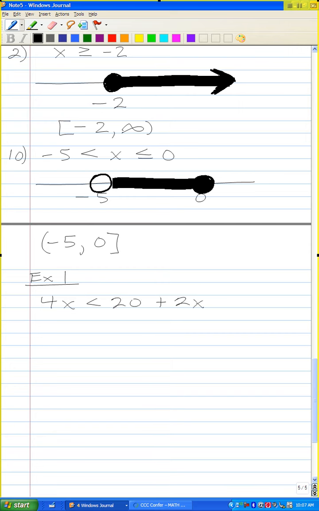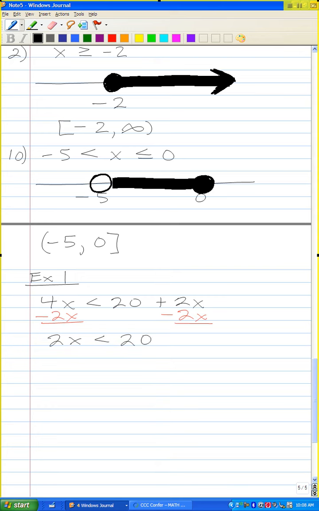Suppose I wish to solve this inequality. So the first thing I can do is just treat it as if it were an equality. So let me subtract 2x from both sides of my inequality in order to isolate x on one side of my inequality. 4x minus 2x is 2x is less than 20.